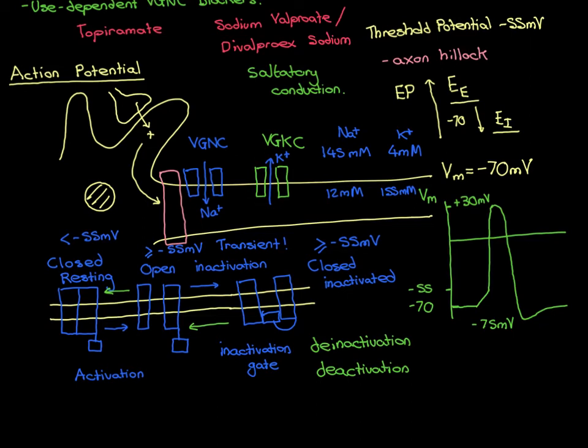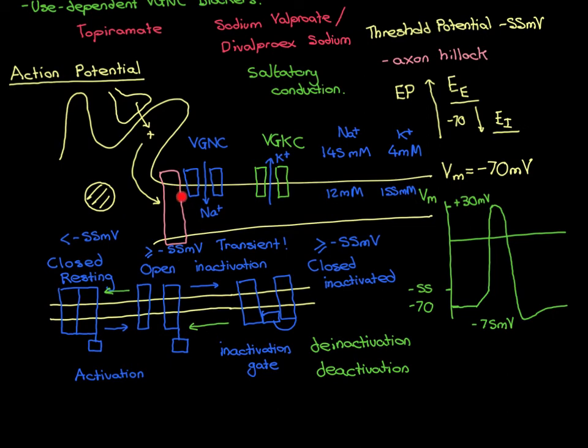Now, important to understand at this point is that if for some reason the amount of sodium coming in during the action potential at this little bit of membrane was to be reduced, maybe by the fact that we had given a voltage-gated sodium channel blocker that blocked some of the ion channels, that would stop the action potential from being conducted on.